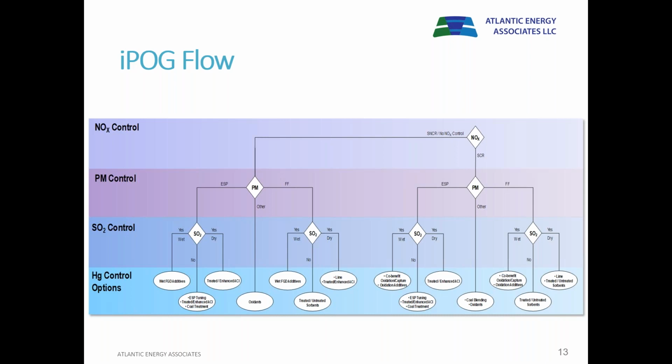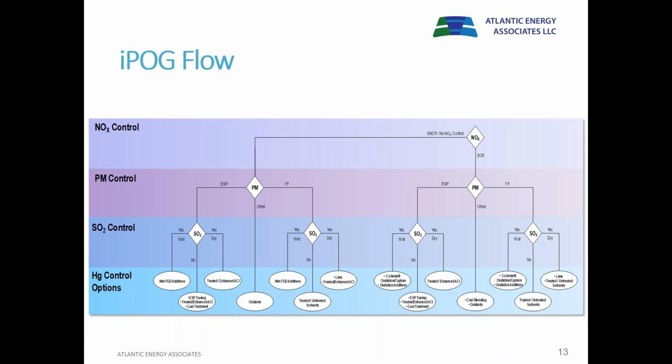If there is no control, we go to the next step, which is ESP, particulate matter control. And then we ask, do you have a fabric filter? Do you have an ESP? If you have an ESP, you go to the next step and see if you have SO2 control, which is the next and final layer for control of pollutants.